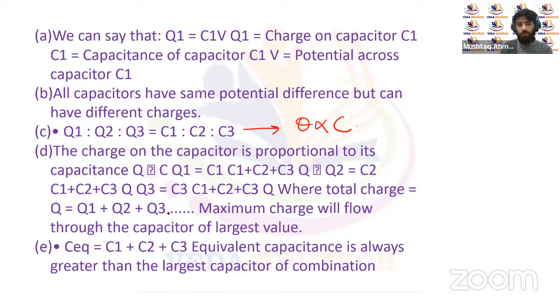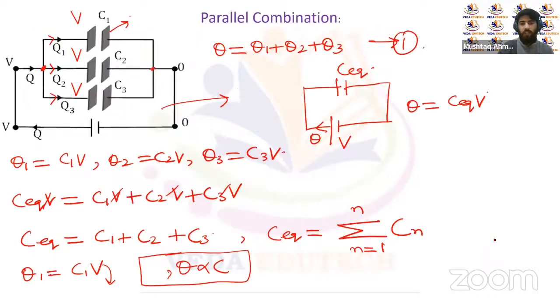So we can say that C equivalent is C1 plus C2 plus C3, and it means the equivalent capacitance is always greater than the largest capacitor of a combination, right? So these are some of the important conclusions with respect to the parallel and series capacitors.